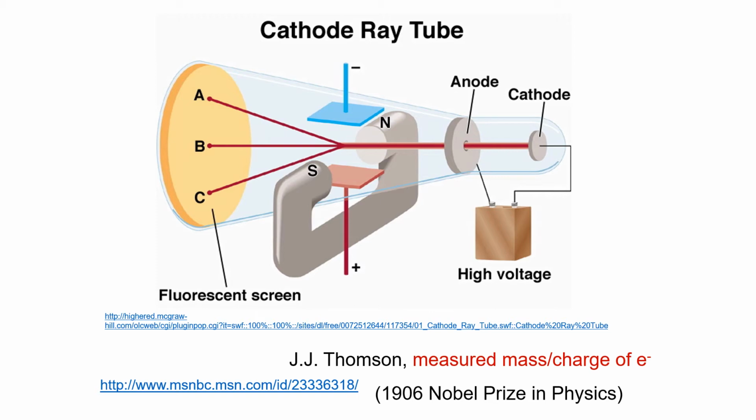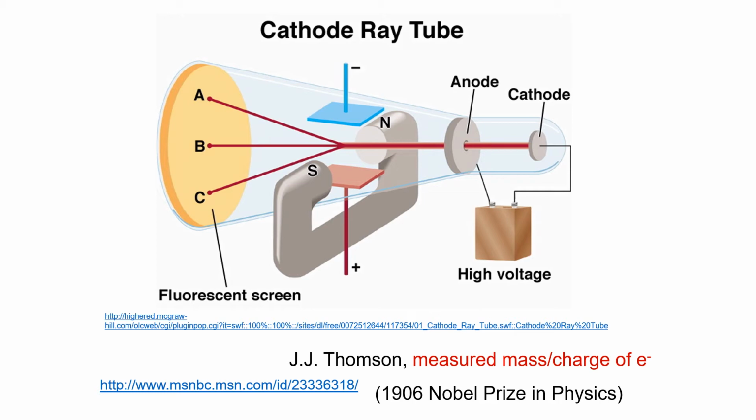And we know that opposite charges attract, but like charges repel one another. So based on the evidence and the observations and conclusions from this experiment, the particles were negatively charged, and these were the electrons.